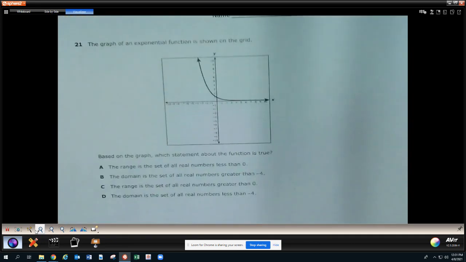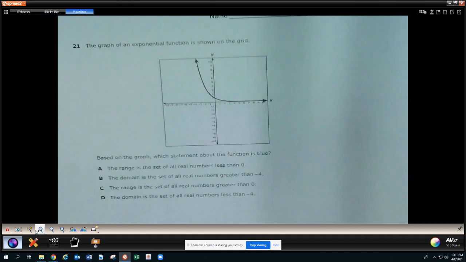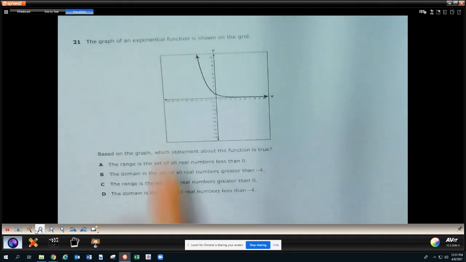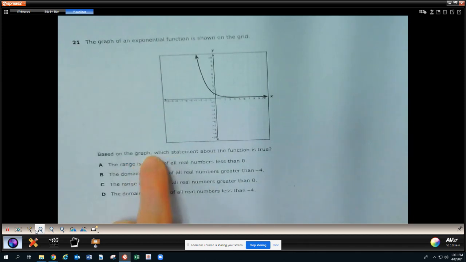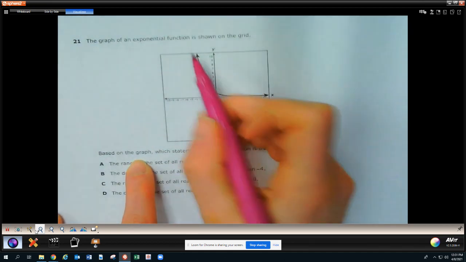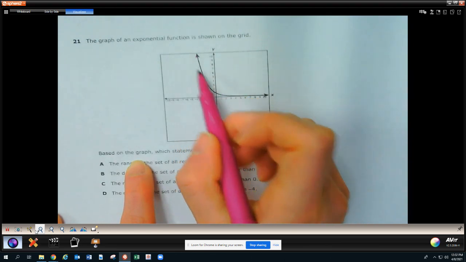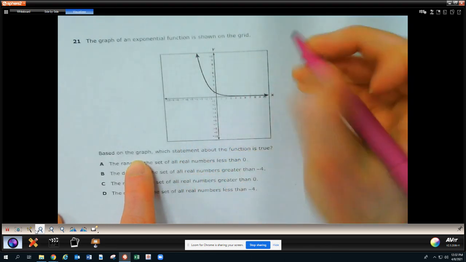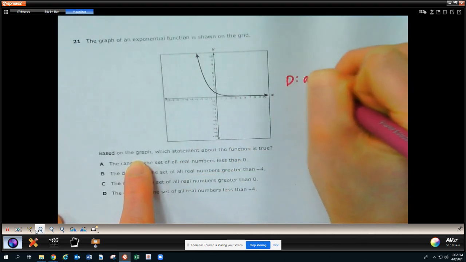All right, more STAAR questions. Okay, the graph of an exponential function is shown on the grid. Based on the graph, which statement about the function is true? So it looks like we have statements about the range and the domain. Okay, and so anytime you're dealing with an exponential function, the domain is all real numbers.